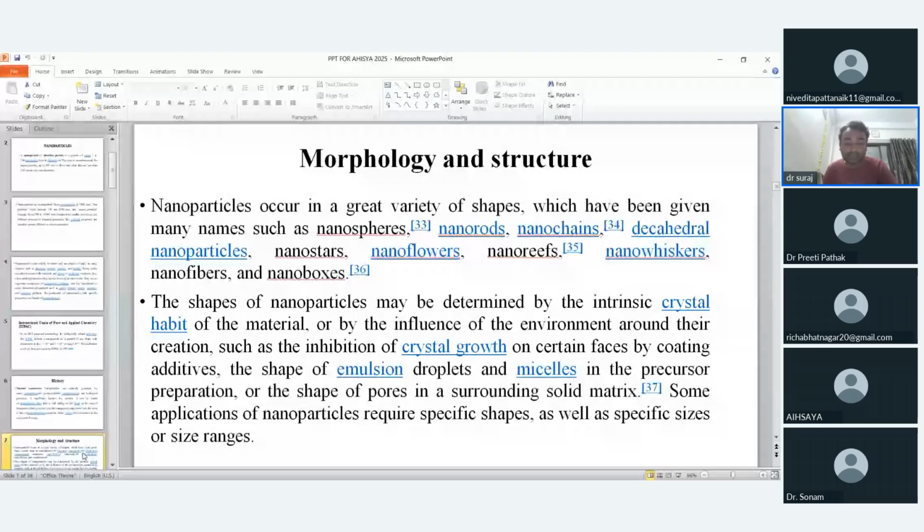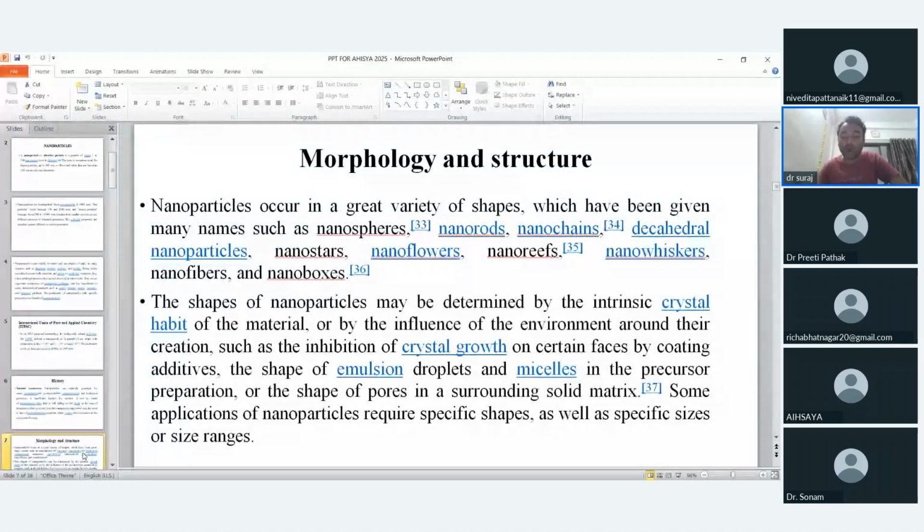But in some other applications of nanoparticles, they have a very specific shape, a very specific size, and a very specific range. So there is specificity in the shape, size, nature, pattern and arrangement.